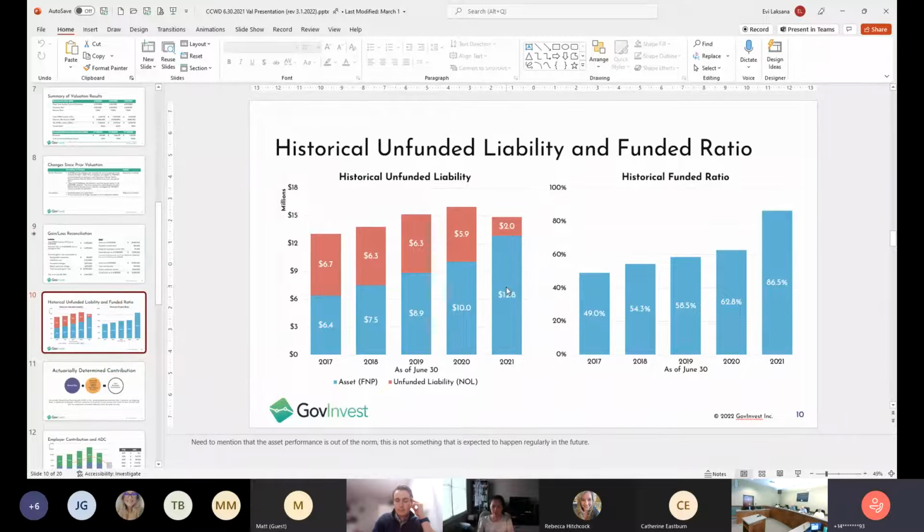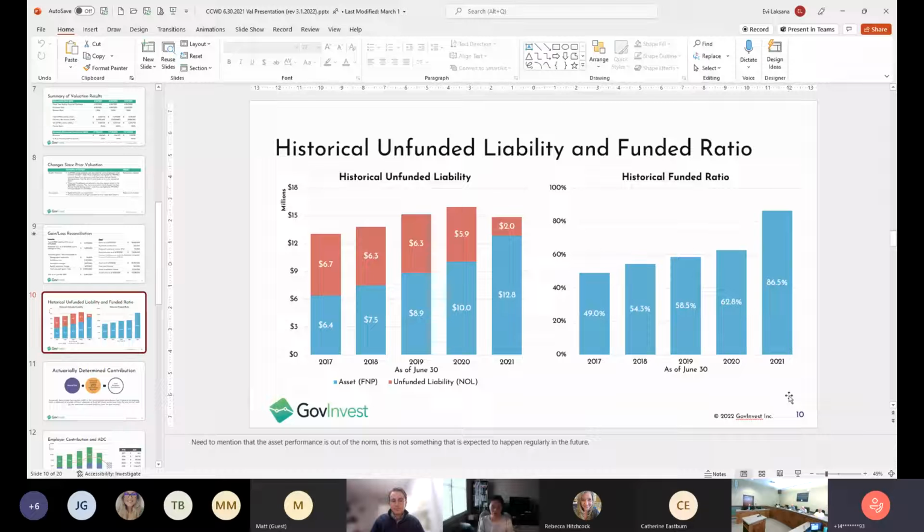So moving on to slide 10, this shows, in graphical form, the historical unfunded liability and funded ratio for the past 5 years. The red bars on the left-hand side chart show the unfunded liability.